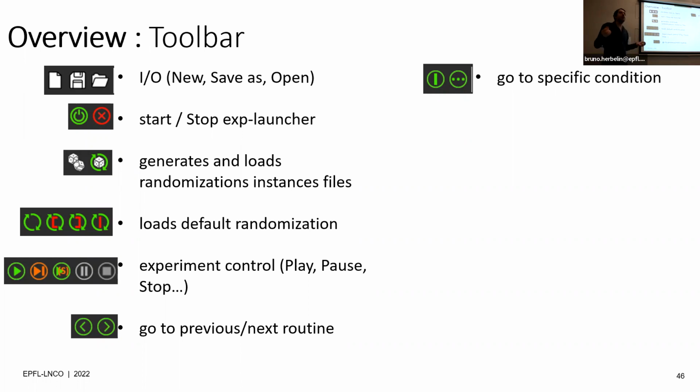If you have 6 conditions in a loop, but you have only 1 iteration, it will only go for the first one and not the others. If you take it, you will say, okay, now we are going to this, and it will skip part of the experiment. You can also display a list of everything that will happen during the experiment and say, okay, I want to go here. It can be very important for very big experiments.